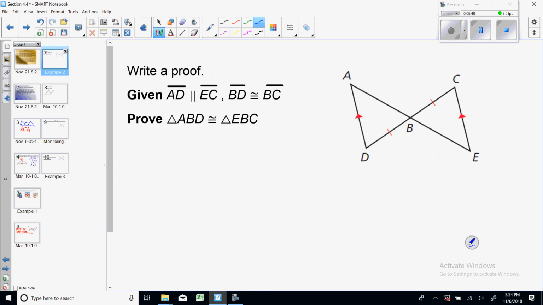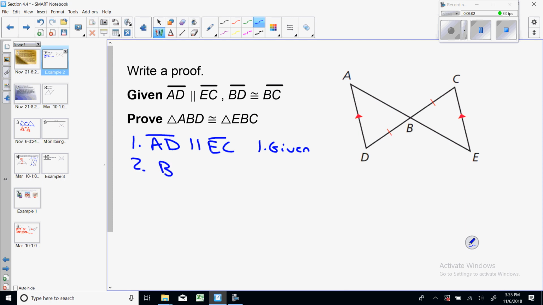All right, for this proof that we've got here, it can be done a couple different ways. Anytime that you've got parallel lines, that kind of creates a whole issue with how the proofs are done. And not so much in how to do them, because you're going to be able to show that all three angles are the same. It's just that different people are going to say it's ASA, different people will say AAS.